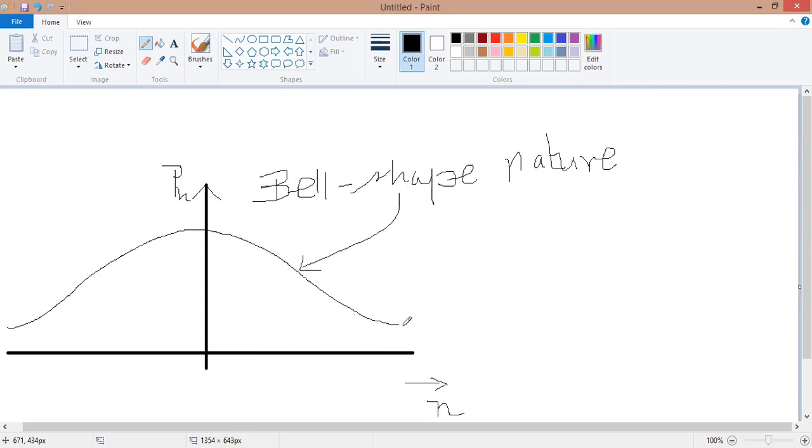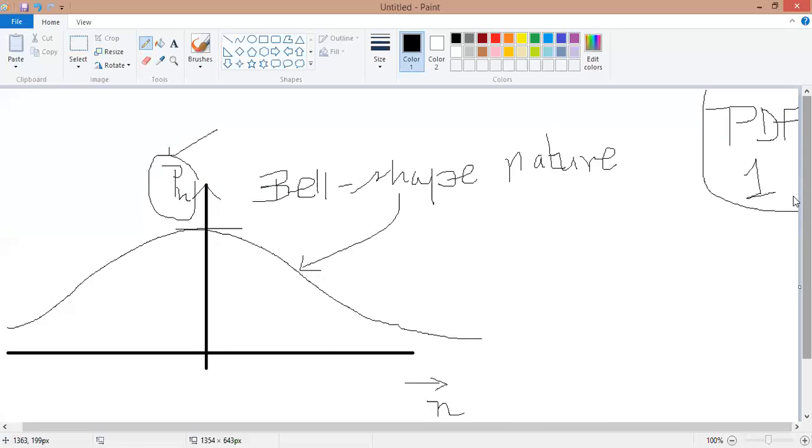What happens when the value of n is bigger, you will get P(n) very, very small, and when the value of n is very small, you will get a bigger value of P(n), but it is limited within this maximum value. And we know PDF, the probability density function, doesn't cross the limit of 1. I will discuss what PDF and CDF are, but before that, from primary knowledge, you know PDF is less than or equal to 1, and it may belong within 0 to 1.